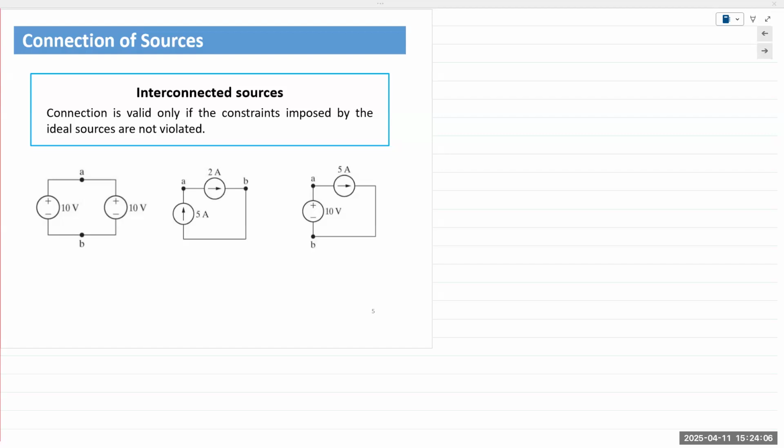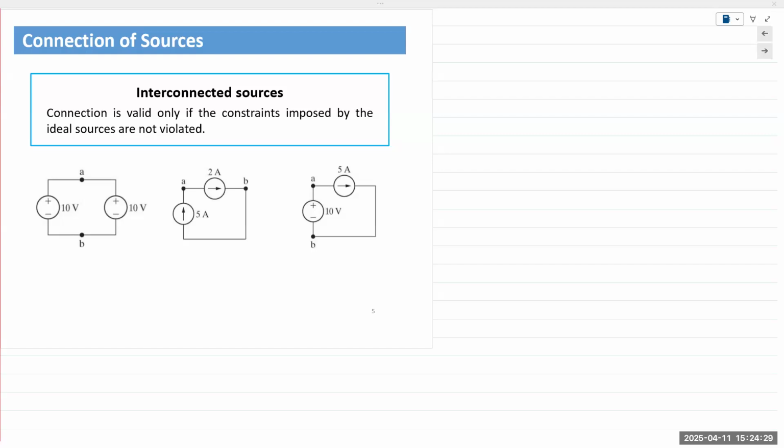So you cannot have any other voltage across those terminals. That means that connection would not be valid. Same thing with the current source. A current source supplies its rated current through its terminals. So you cannot have anything in series or in its pathway that is contrary to its value.